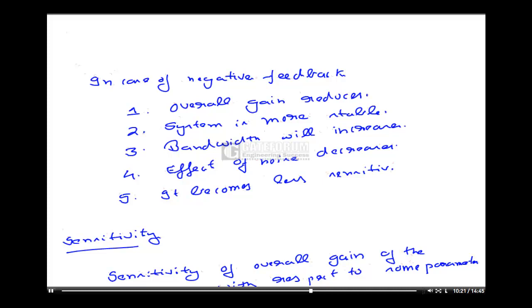Similarly, this is delta T by T by delta H by H. This is percentage change in T upon percentage change in G. Okay.